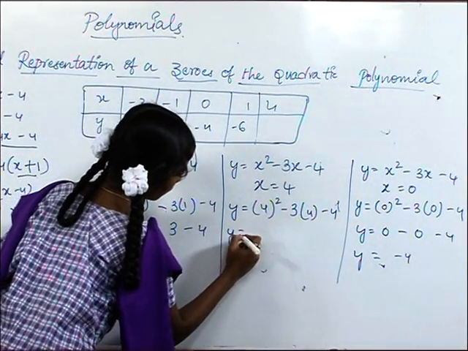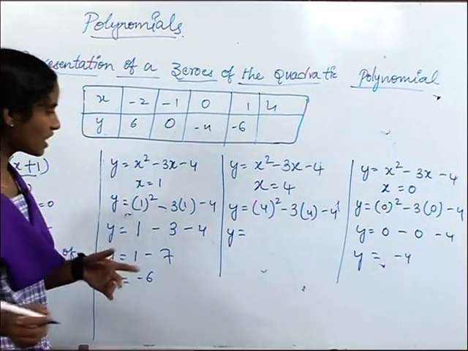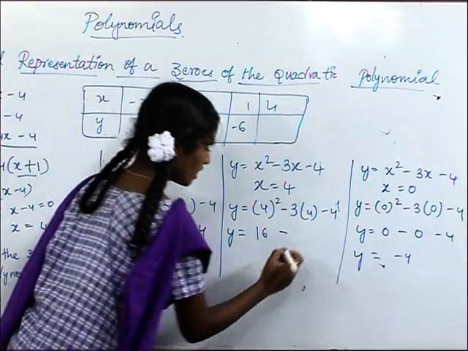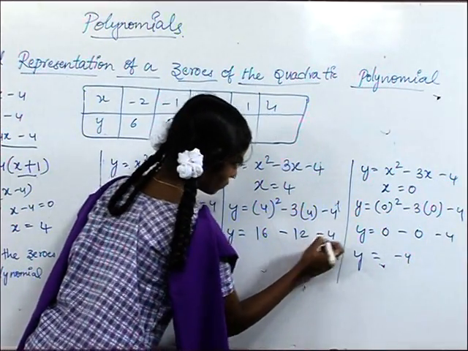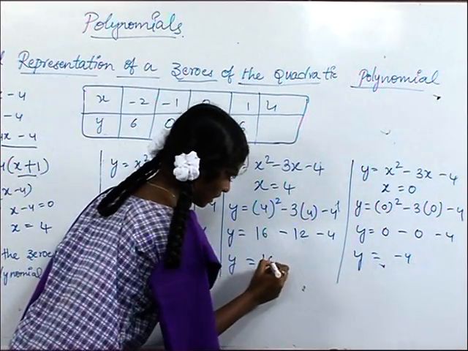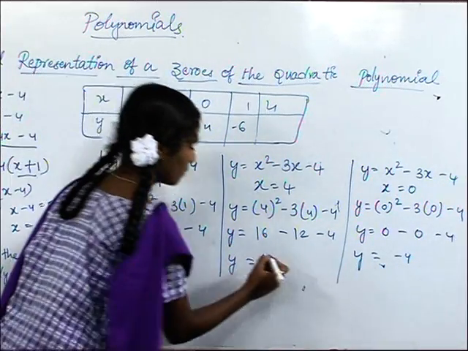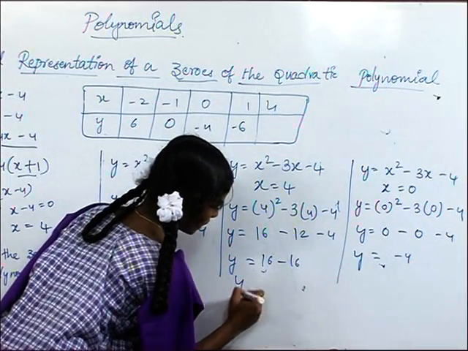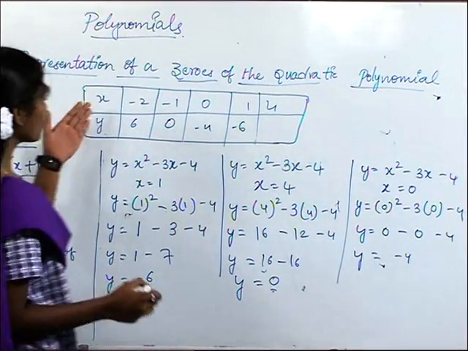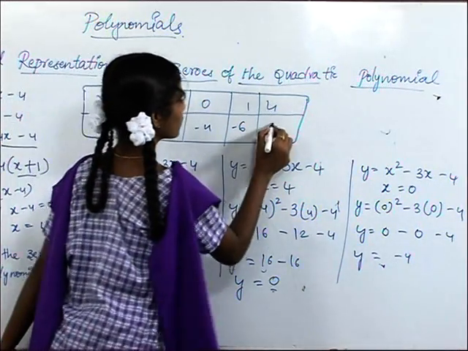So y equals 4 whole square means nothing but 4 4s are 16, minus 3 4s are 12, minus 4. Friends, y equals here 16 minus 12 and minus 4 will become 0. So here y equals 0. Friends, so here x value is 4 and y value is 0.